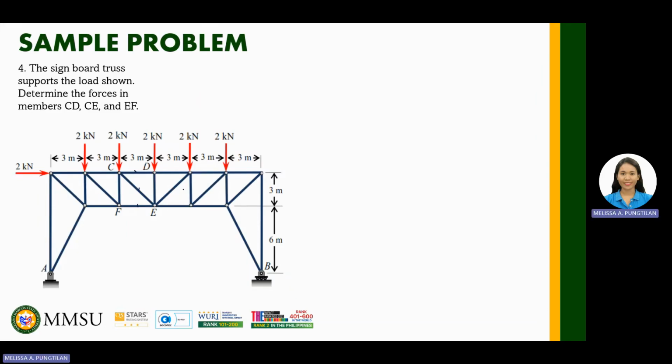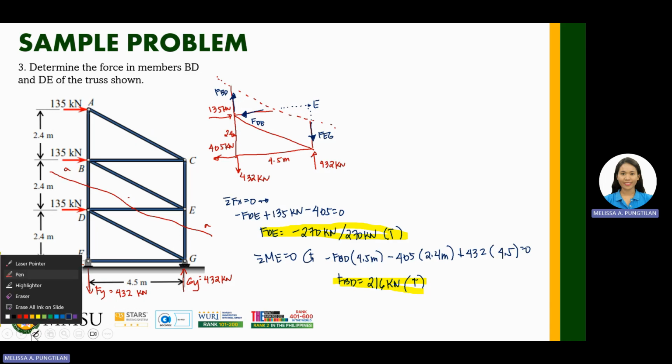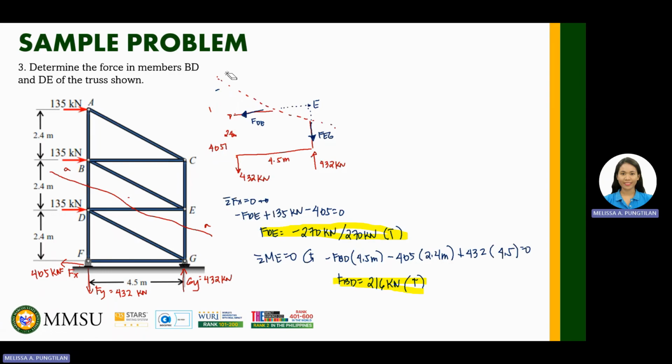Okay. So by now, siguro nakikita nyo na kung saan kayo magka-cut. Okay, but before that, wait lang. As I have said kanina pala, we will also compute the BD and DE using the upper portion. Okay, sige. Para makita natin kung tama yung pinagsasabi ko kanina, na kahit anong portion yung gamitin mo is same pa rin yung lalabas na sagot.